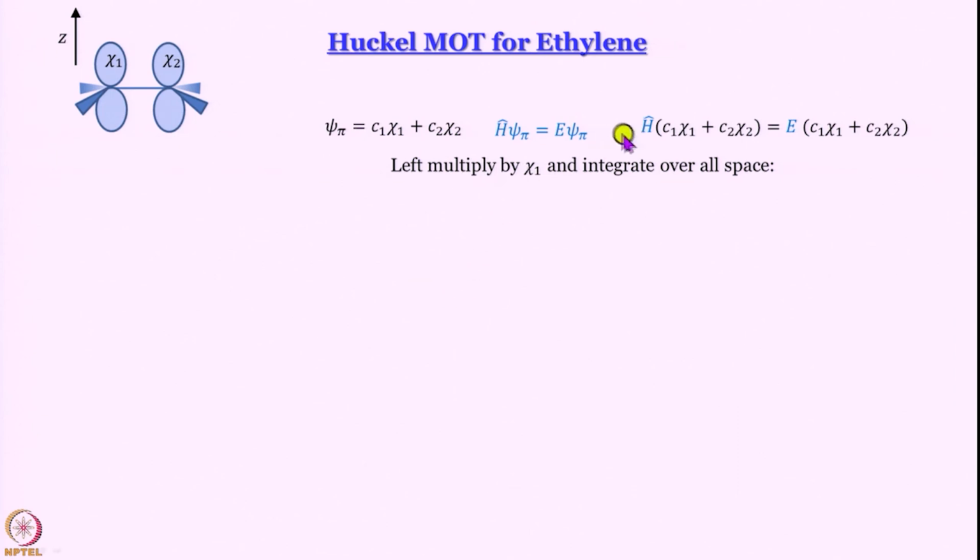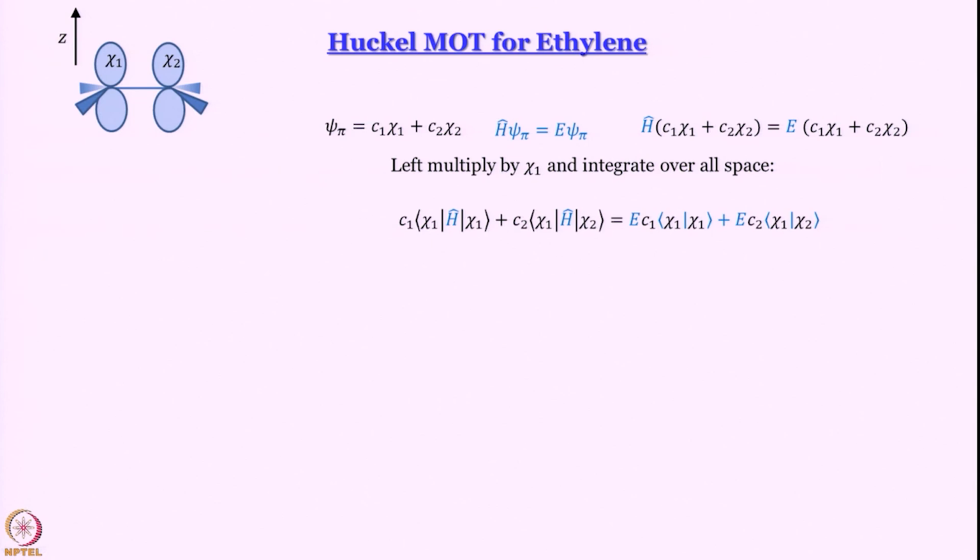C1 multiplied by integral chi1 H hat chi1 plus C2 multiplied by integral chi1 H chi2 is equal to E multiplied by C1 integral chi1 multiplied by chi1 over all space plus C2 multiplied by E integral chi1 chi2 over all space. In bracket notation, this is what we get.